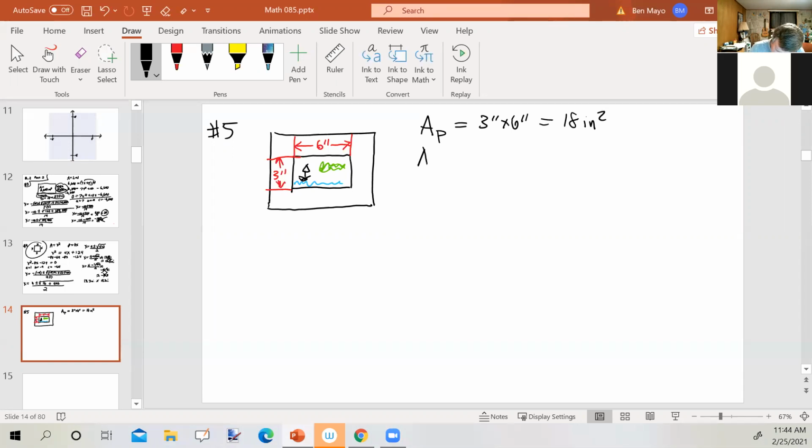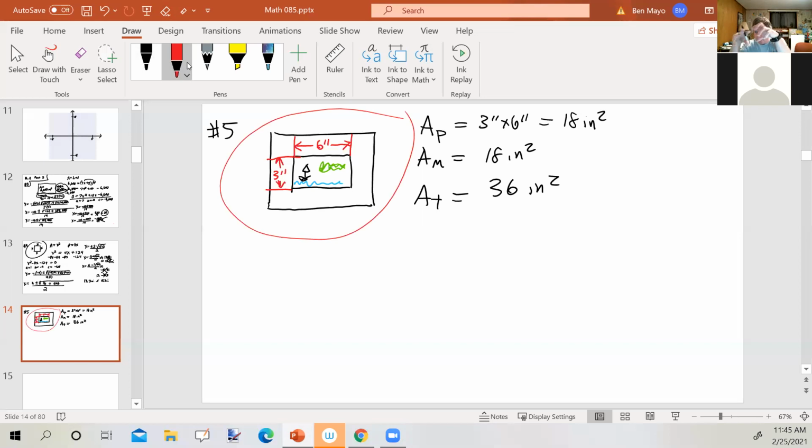They also tell us that the area of the mat is equal to the area of the picture. So that would also be 18 square inches. So if we took the area of the picture plus the area of the mat, the total area would be 36 square inches. So the area of everything, the picture and its mat frame, is 36 square inches. We okay with that? I'll assume that means yes.